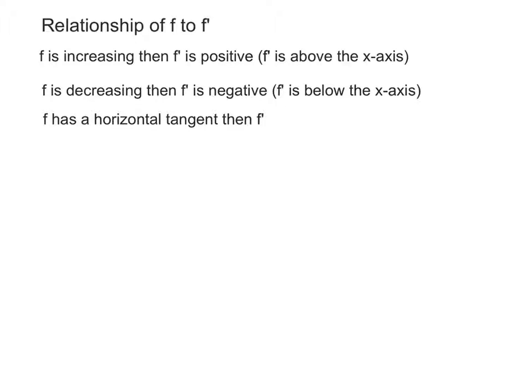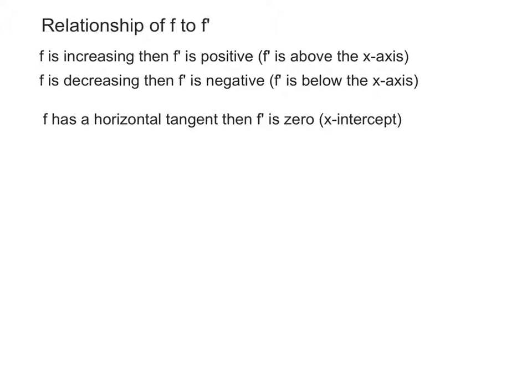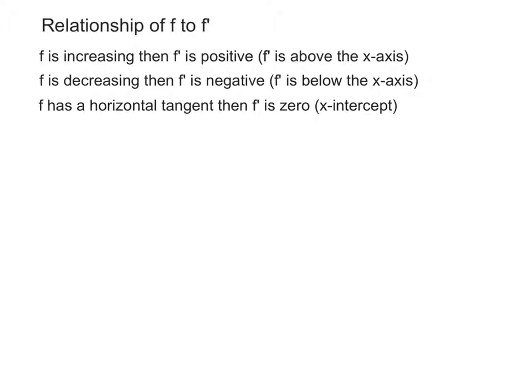And it doesn't matter how simple a given function is or how difficult a given function is. The relationship between the function and its derivative will always be true. If function f is increasing, then the graph of your derivative in that domain will lie above the x-axis.